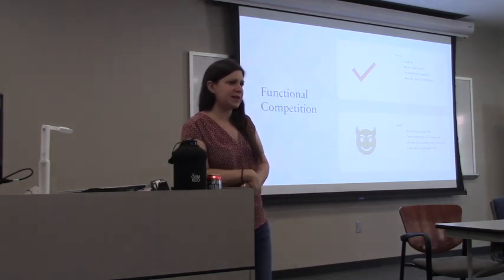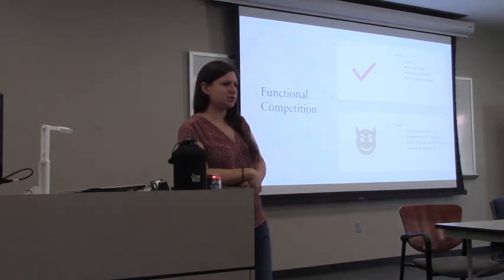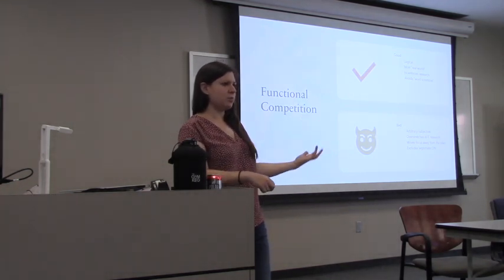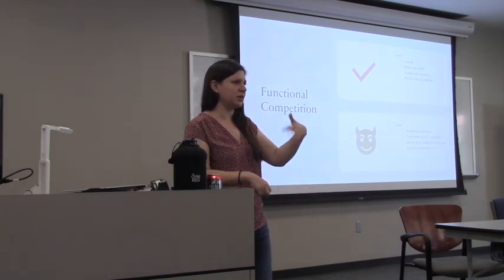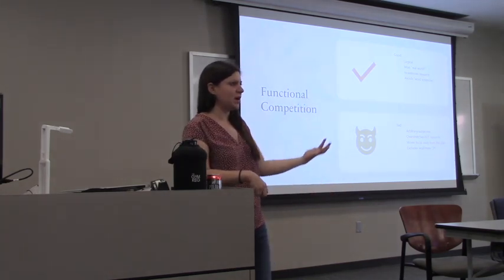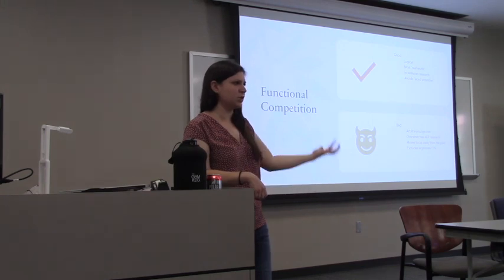The third argument is that functional competition disregards or minimizes focus on the plan. So the arguments that we made for textual competition, we said that textual competition focuses on the plan, and that is good because it's such a stable, predictable source of offense for the AF and the neg. And so moving focus away from the plan to some conception of the implications of the plan is more difficult for the negative to debate.